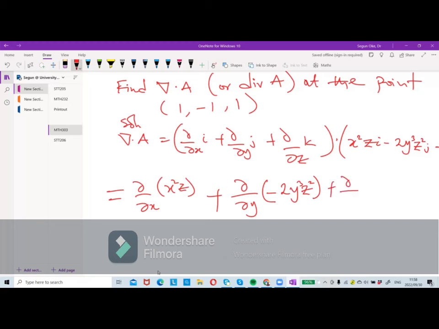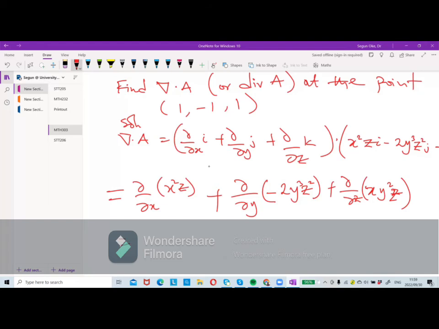Then plus d dz. What is the d dz? xy squared z, so y squared. So you don't need any direction, any i, j, k here.